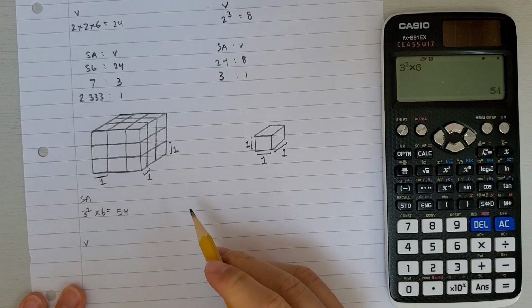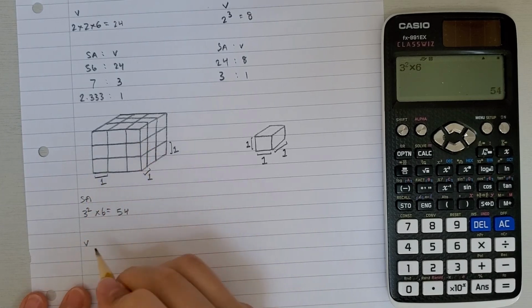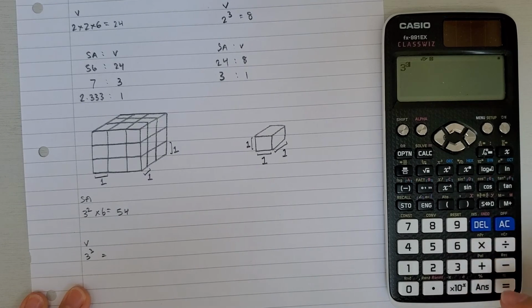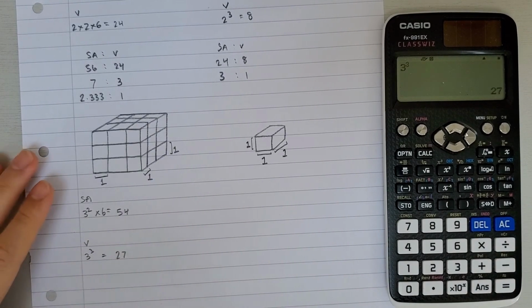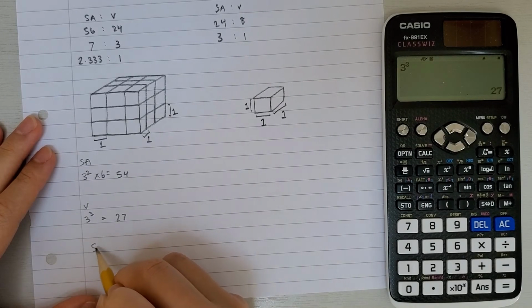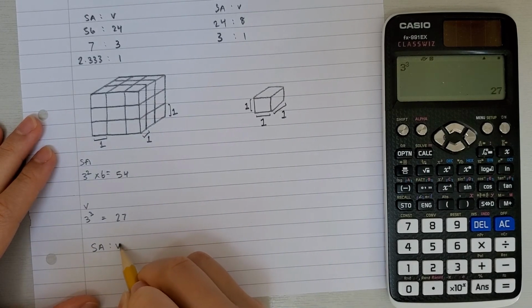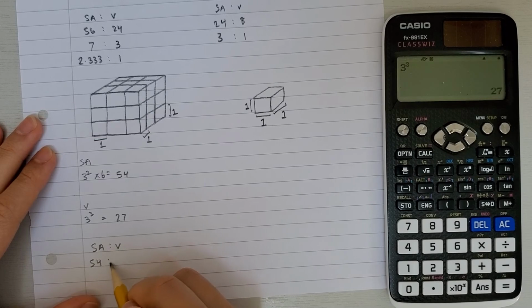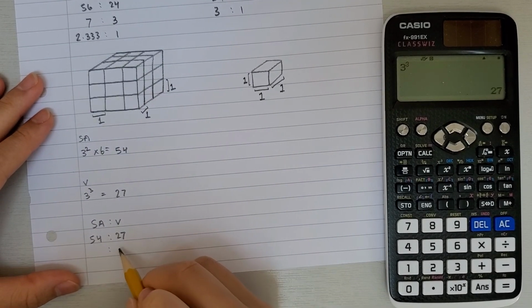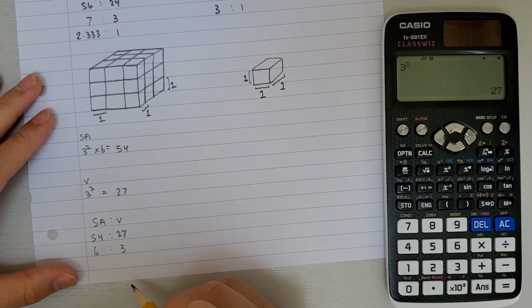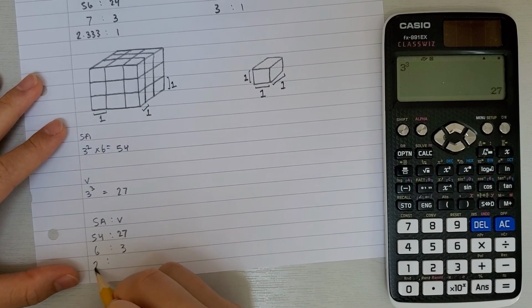For our volume, we have 3 by 3 by 3, so 3 cubed, which is 27. So our surface area to volume ratio is 54 to 27. If you divide both by 9, you'll get 6 to 3. And of course, divide both by 3, you get 2 to 1.